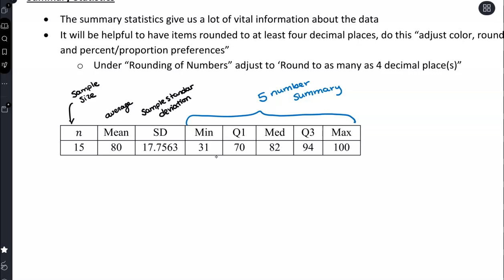Okay, so that gives us a lot of the information that we need to work with our data and describe it. Something to note, when we work with Stapplet, it's assuming we have sample data, which is what we will have available to us maybe 95% of the time in our class. We'll be working with sample data.